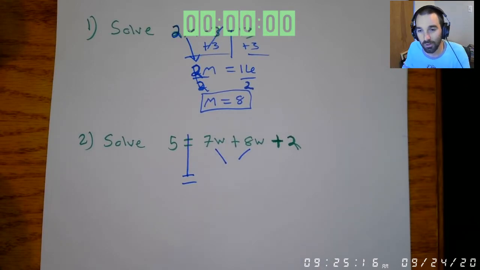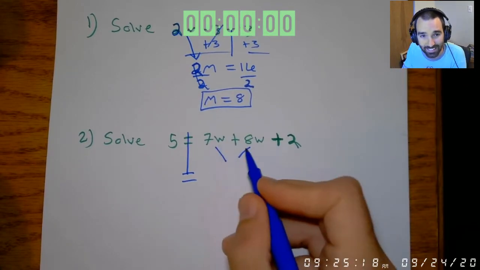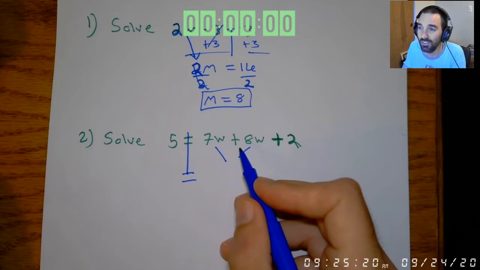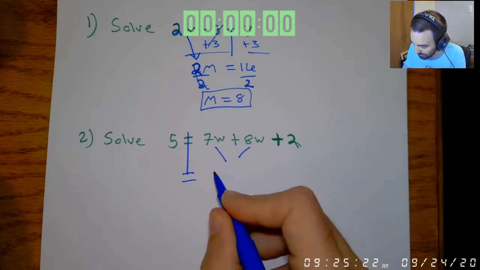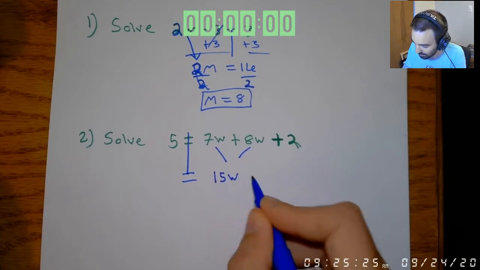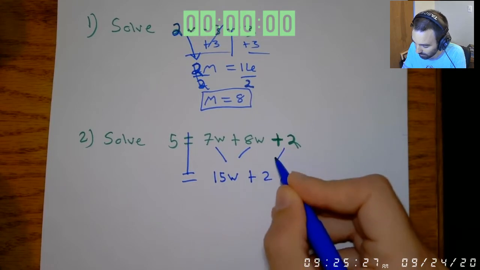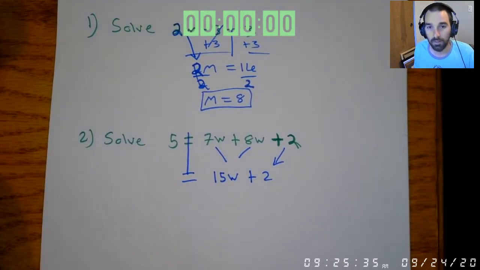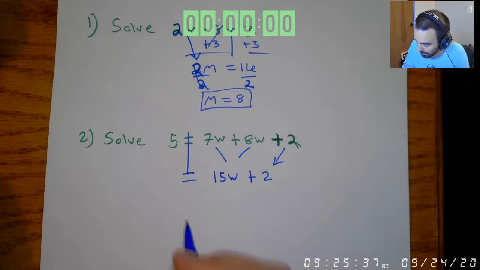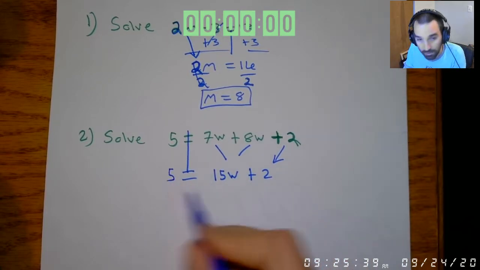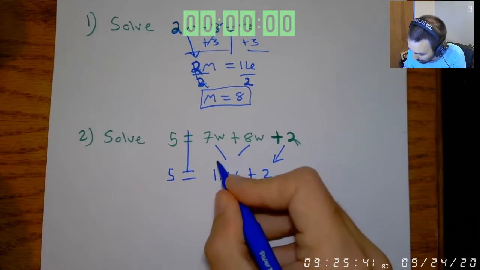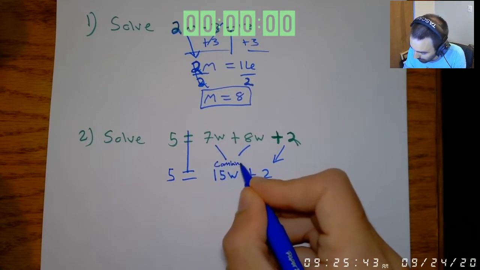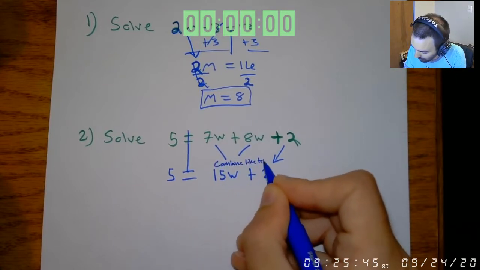That's great. 7 plus 8, well, it takes 3 to get to 10, so that's going to be 5, so 15w plus 2. This is just coming down like this. Sorry, I dropped something over here. And then we have 5 here. Now that I've combined like terms, combine like terms.